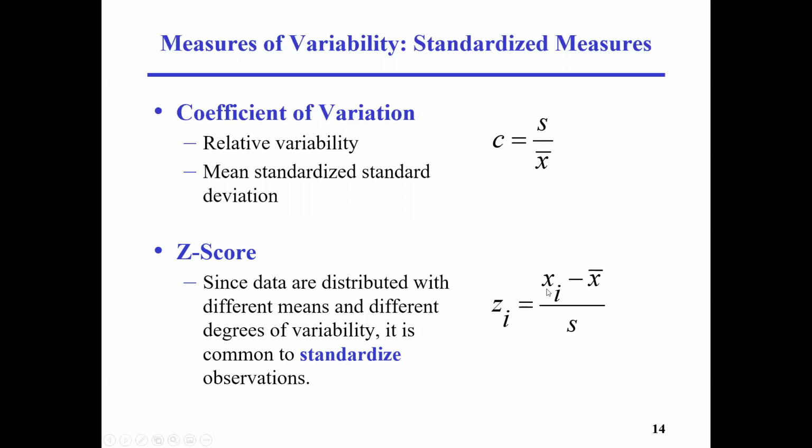So xi is a specific observation, x bar is the mean value of all observations in this data set. You calculate the difference between them and standardize that distance by the standard deviation of this data set. So you can see Z-score is specific for each observation, which means that for each specific observation i, you can calculate a Z-score.